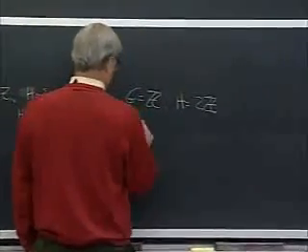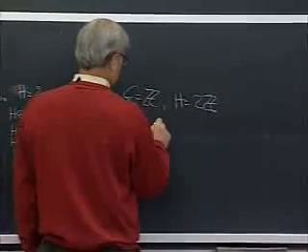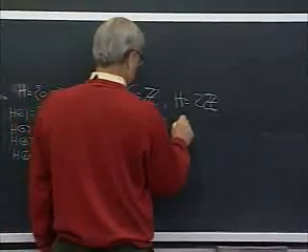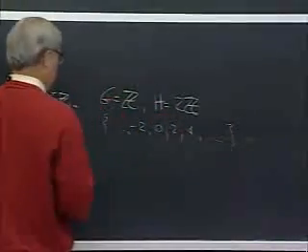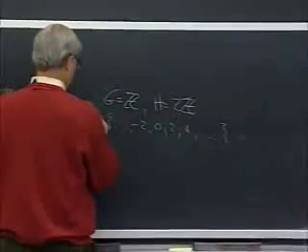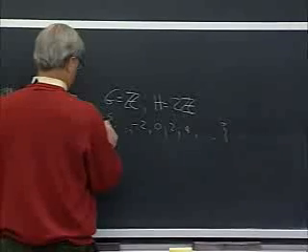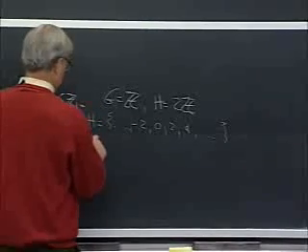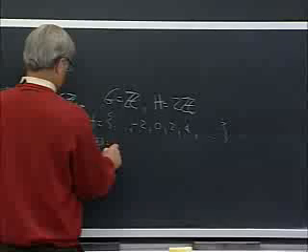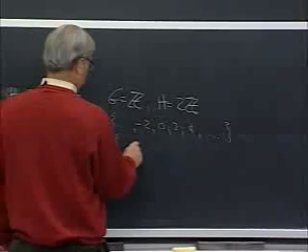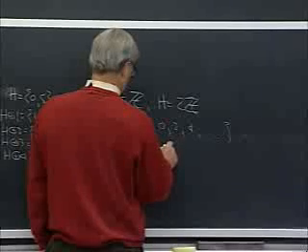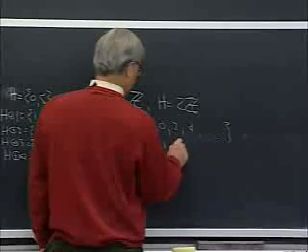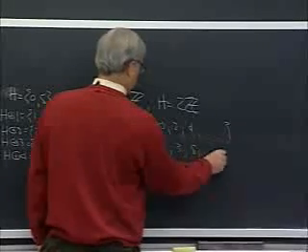H is the set minus 2, 0, 2, 4, and so forth. So this is h. And what's h plus 1, or in fact plus any odd number? It's going to be the odd integers: minus 1, 1, 3, 5, and so forth.